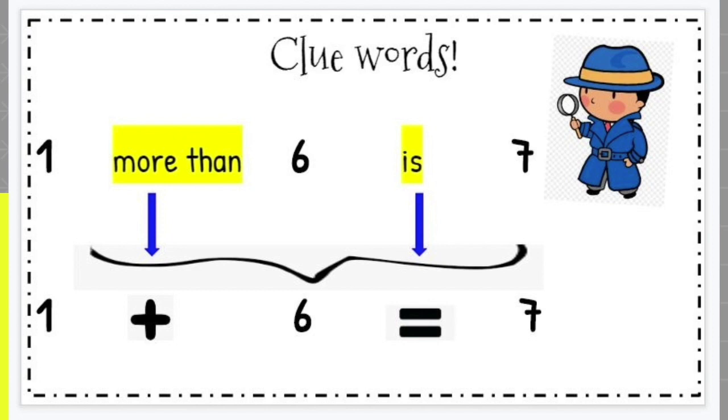If you look, we have 1 more than. Those are just clue words to show, hey, we need to add. Let's use that addition sign. Is is just a clue word for equals. That's pretty cool. So we can just use those words as clue words to help us create an addition number sentence.